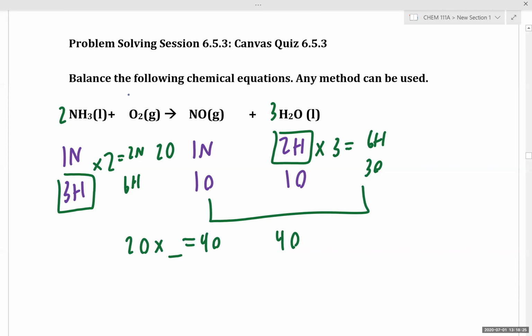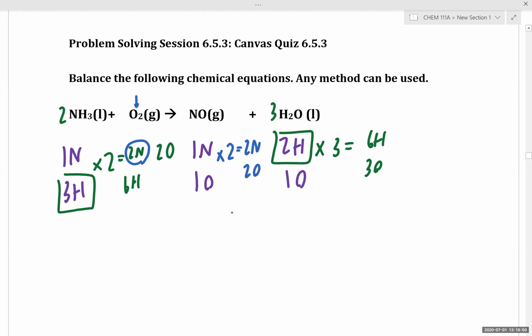So before we actually try to balance oxygen, we should balance nitrogen next. You notice how we have 2 nitrogens now on the left? We have to adjust this calculation a little bit because we still have to balance nitrogen. So if we have 2 nitrogens on the left, we need a coefficient of 2 to give us 2 nitrogens and 2 oxygens. Now, when we add up our total number of oxygens, we get 5 oxygens.